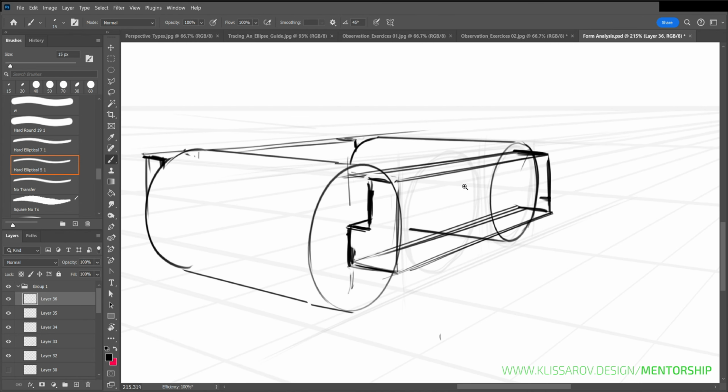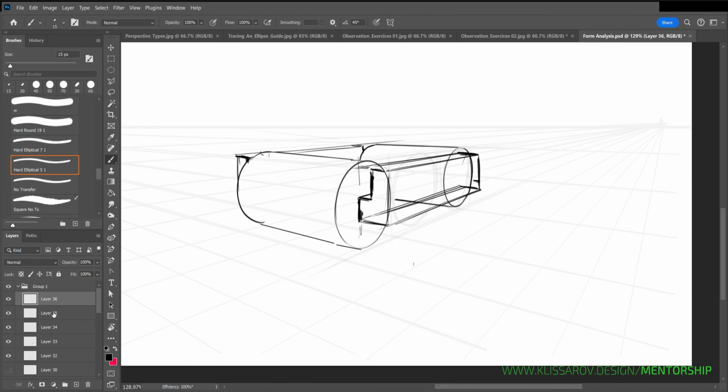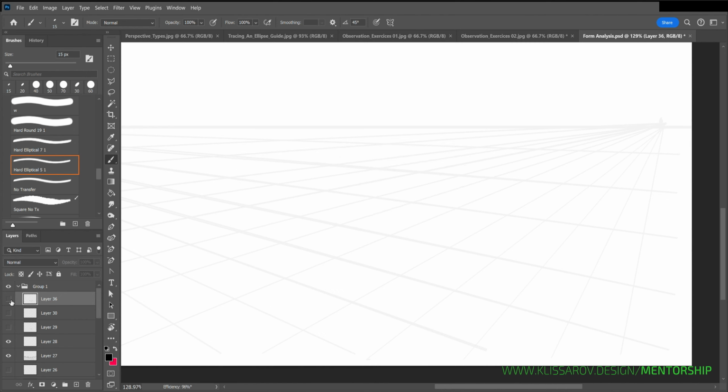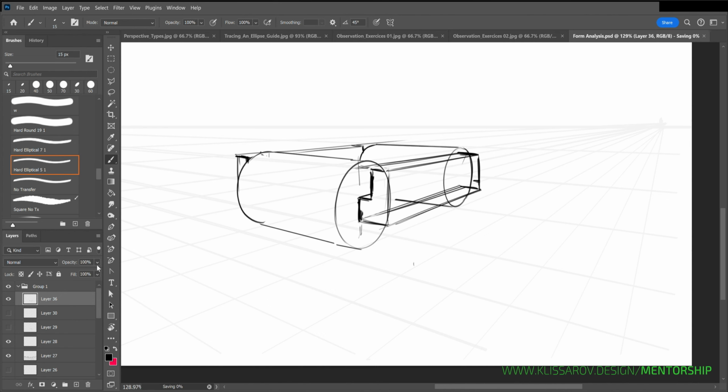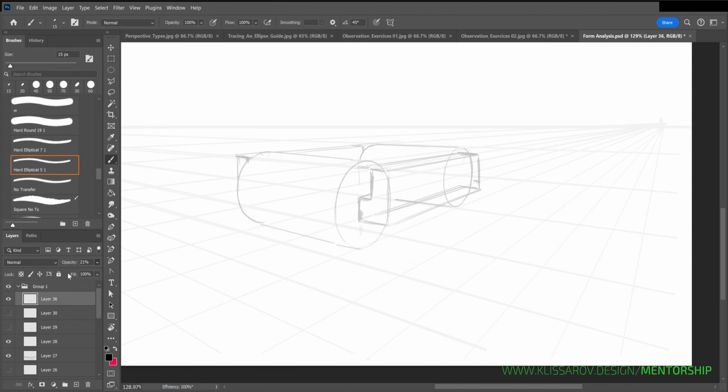Now this is a rough view. We're gonna take this rough view, and we're gonna take another piece of paper on top of that view.